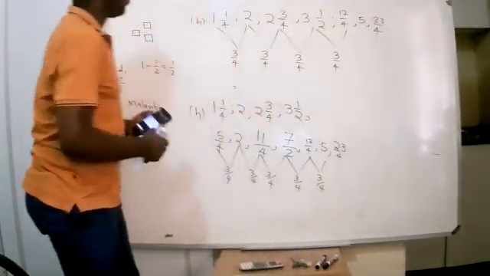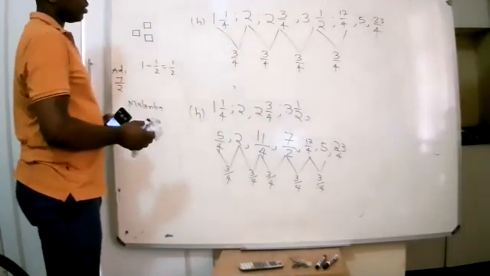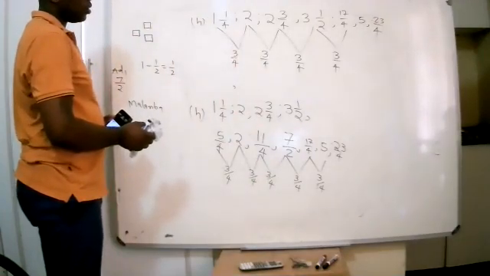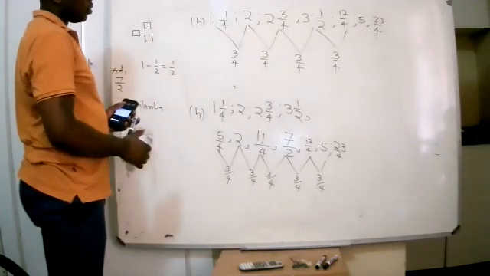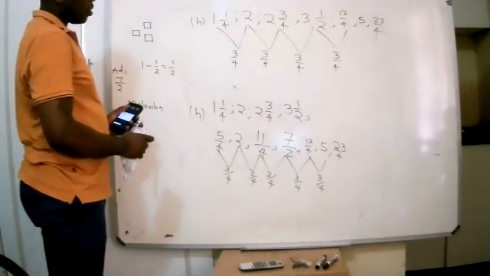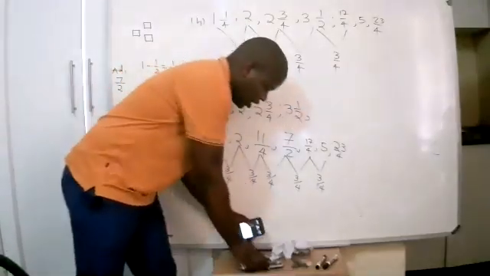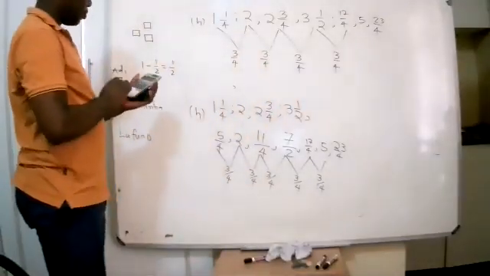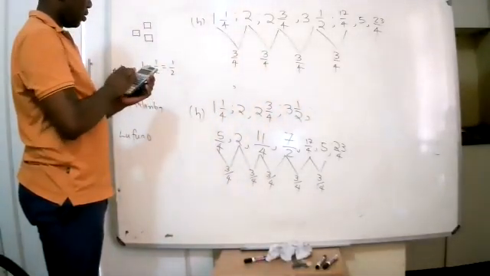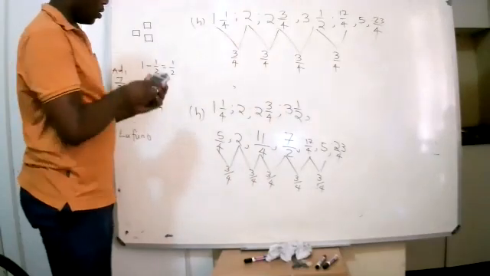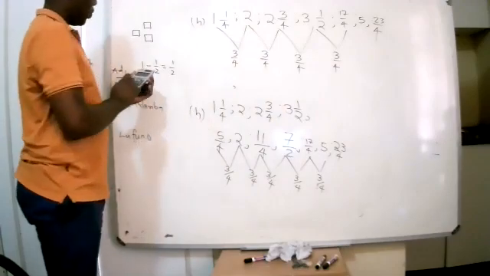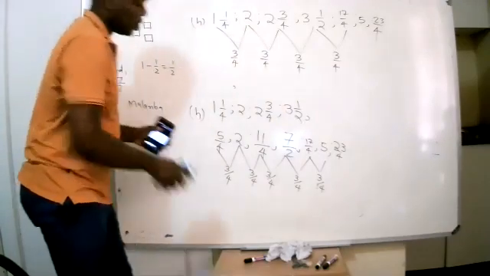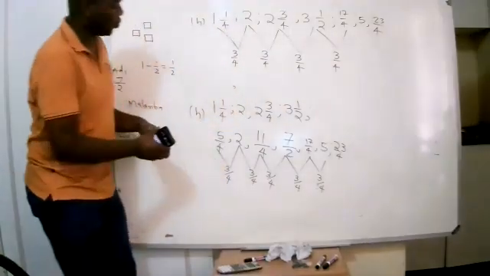I want to give you a question. So if they ask us to change it to be like this, 3 whole number 1/2, how do we do it? You do that on the calculator. Let me do it for you, but the procedure is the one that I showed you just now.